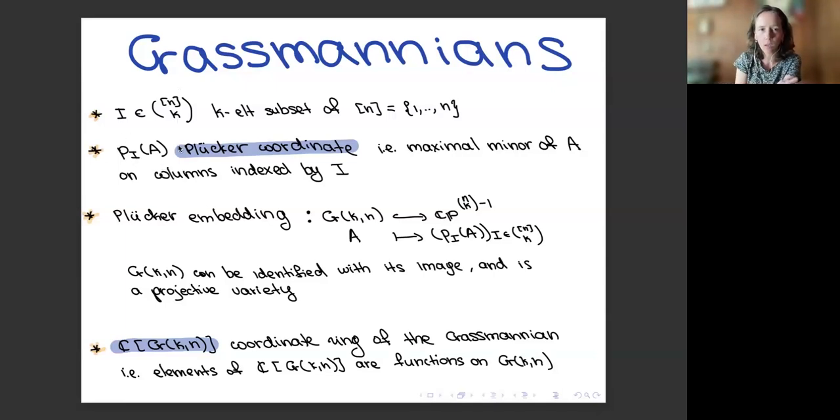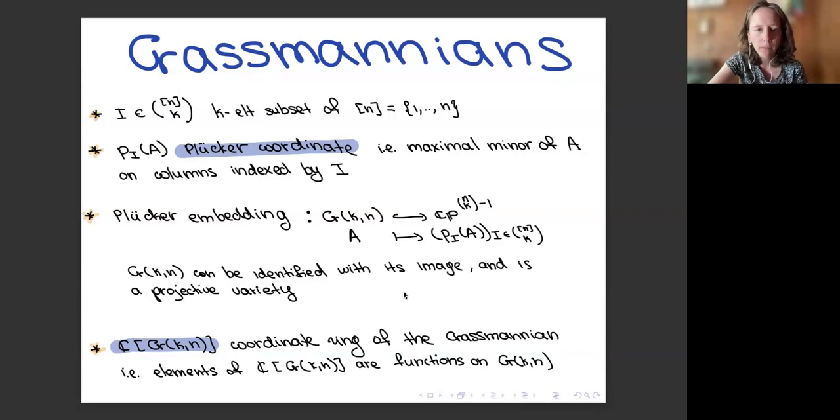That's a function. Then there is something called the Plucker embedding, which sends an element A of the Grassmannian to all of its Plucker coordinates, one for every k-element subset.